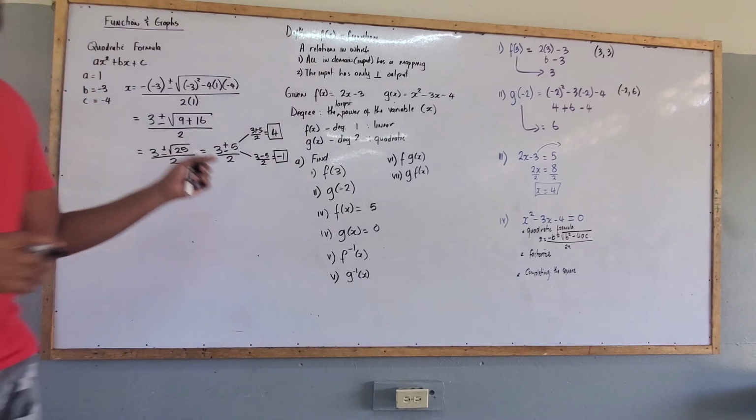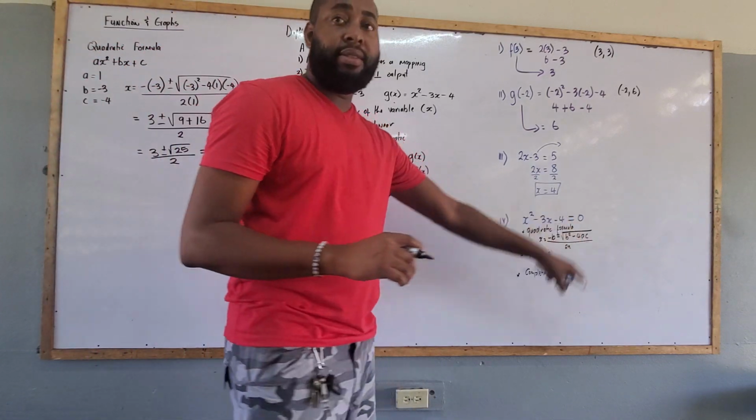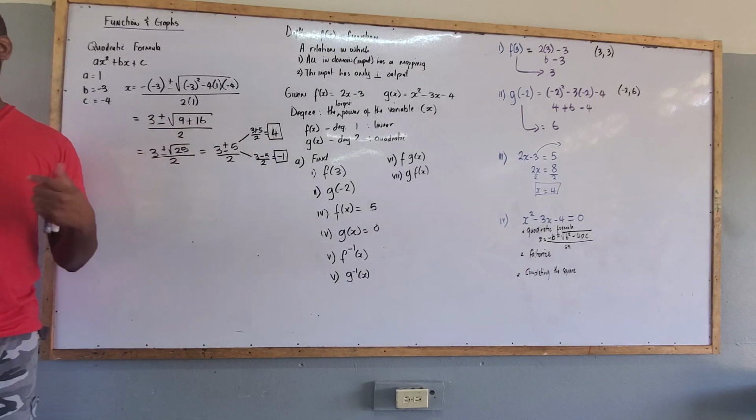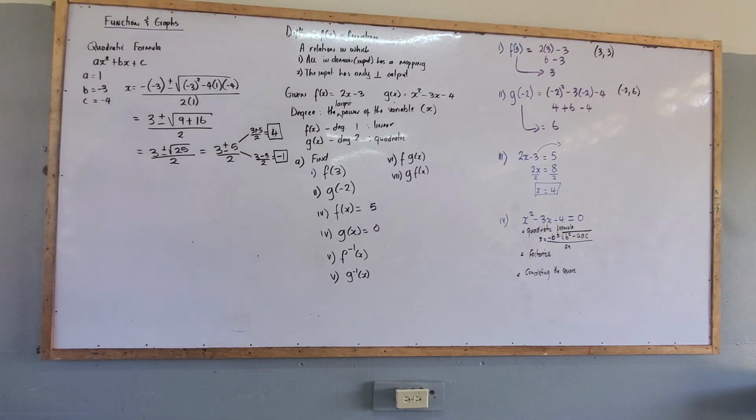And those are the 2 values when that is 0. That's using the quadratic formula. A little bit long, but again, it's just using a tool. So it will always lead to your answer, as long as you follow the steps. It's just a way to get to the end. Good?